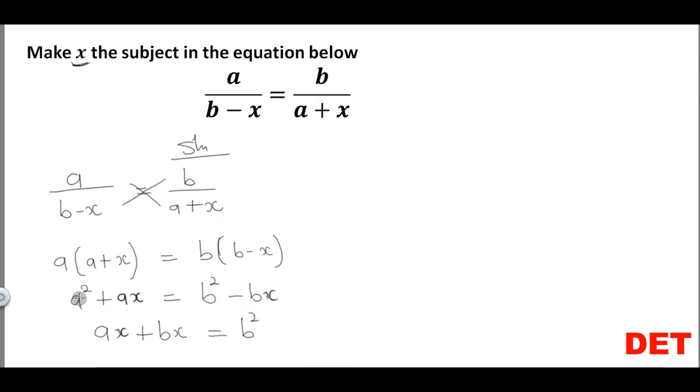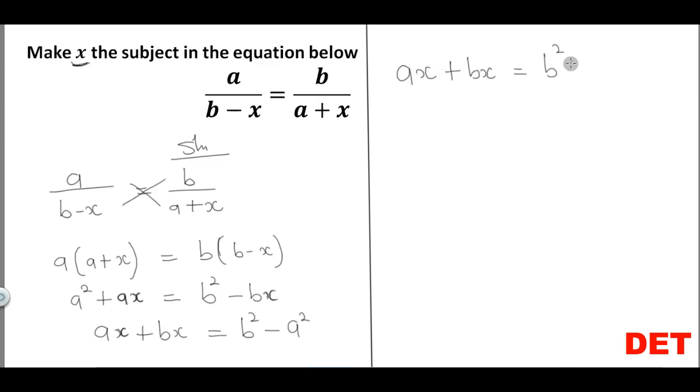When this a squared crosses to this side of the equation, it will become minus a squared. So what I have there is ax plus bx equal to b squared minus a squared.